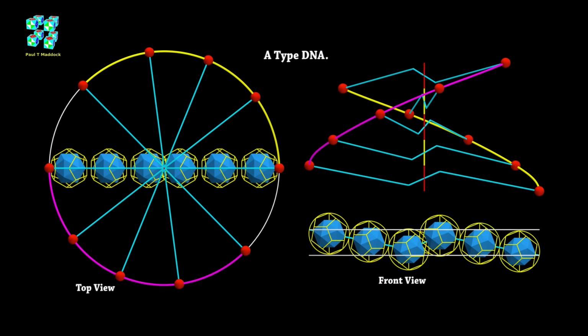In front I'm showing the front view and the top view of a DNA, the first 5 rungs. Now if you look at the purple helix, imagine it's going around a cylinder. It's going around positive. Now if you look at the top view, I'm going to add some angles, the golden ratio angles.